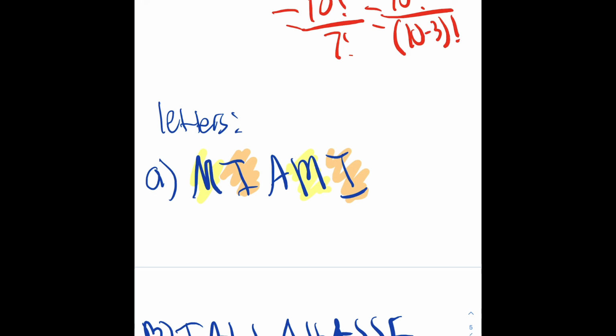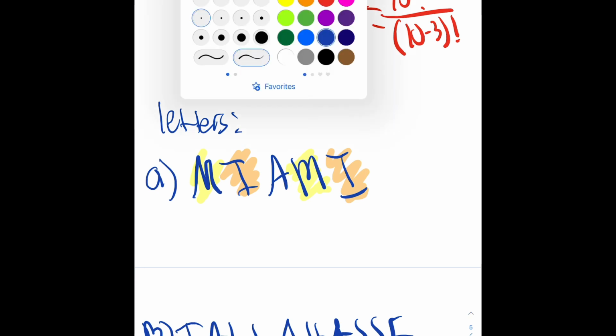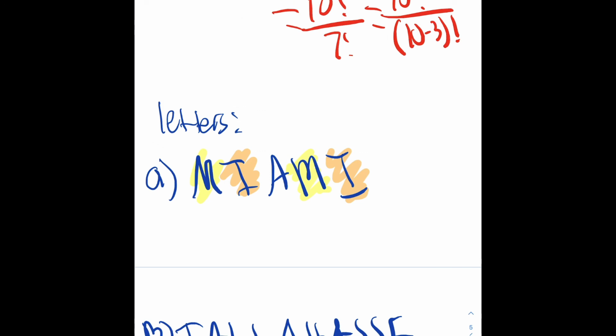So we have 5 letters with 2 repeats, and we are going to use the base formula of n factorial all over s sub 1 factorial, and so on, for however many things you have repeating, all the way to s sub k factorial.